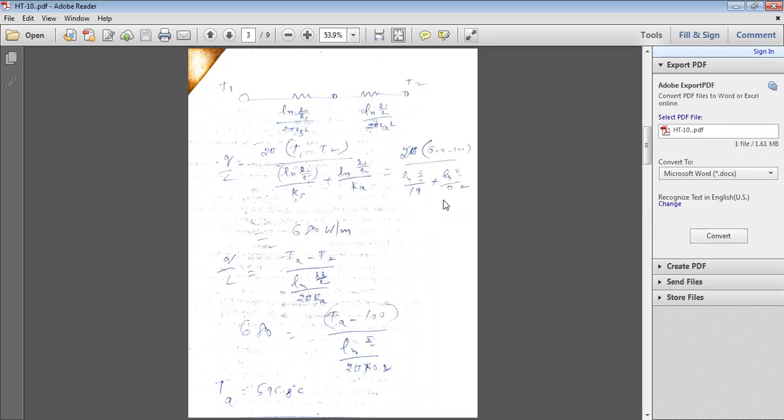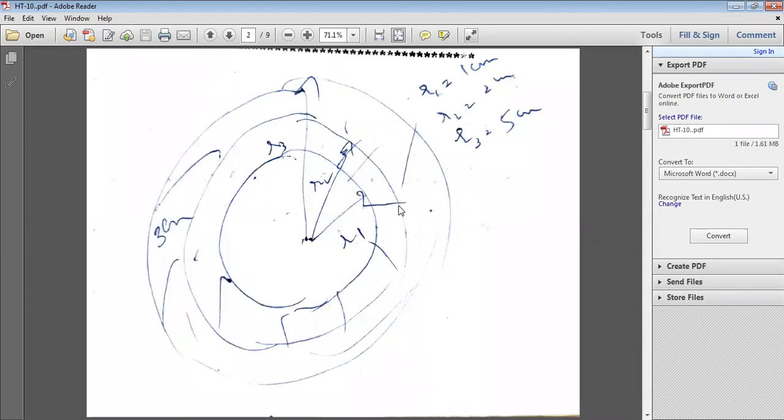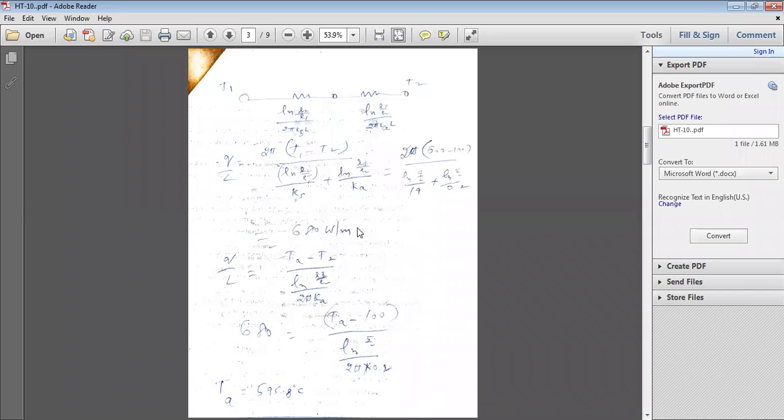Generally, the thermal conductivity of asbestos is very low when compared to the thermal conductivity of stainless steel. That's why insulating materials have very low thermal conductivity values. Q by L is equal to 680 watt per meter length.